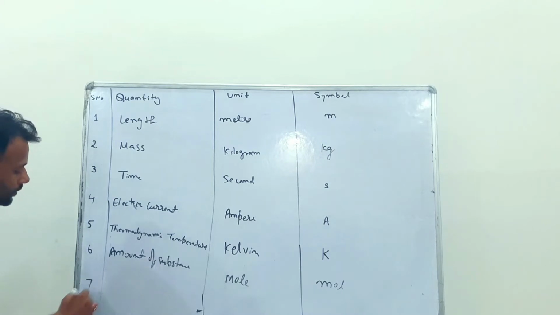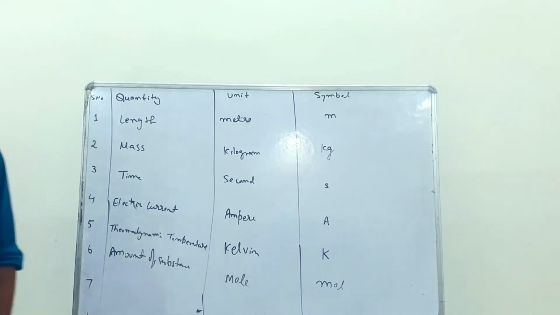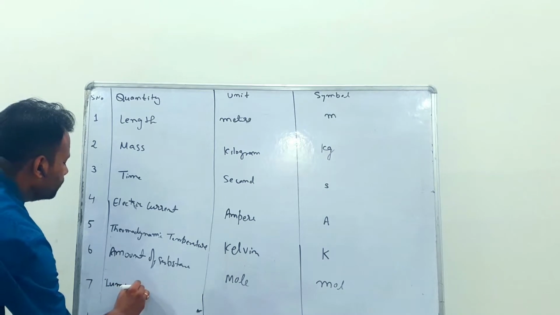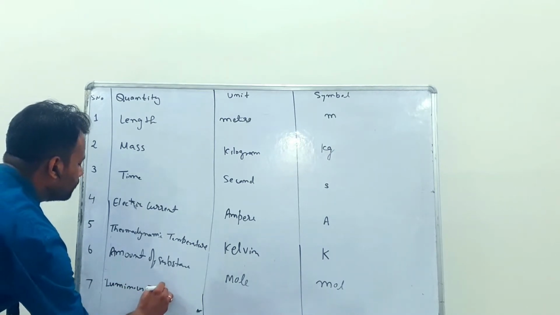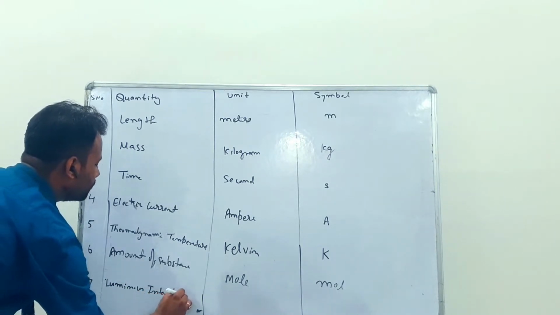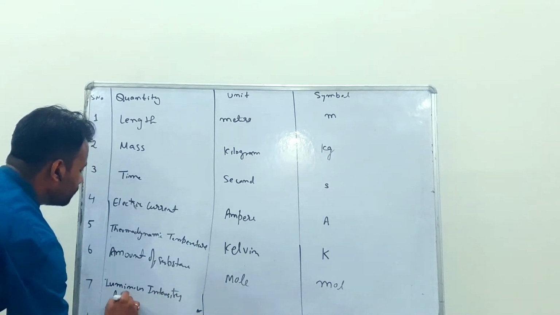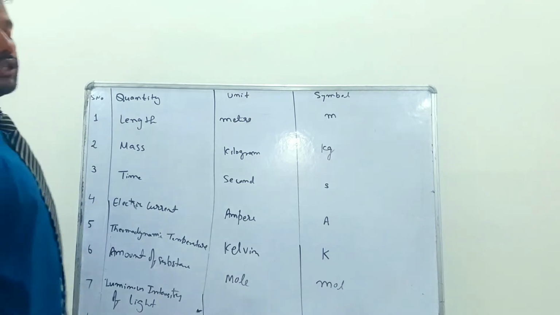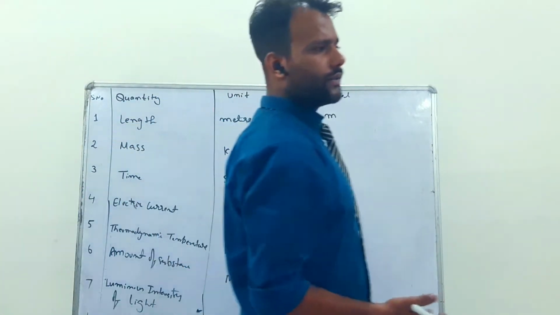And the seventh fundamental quantity is luminous intensity of light. Now what is this?